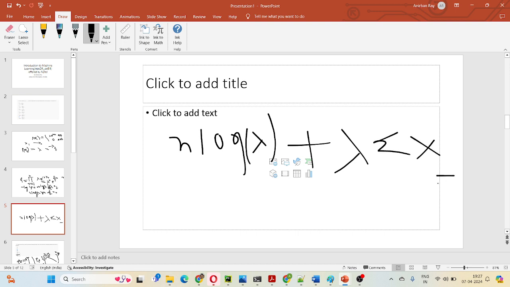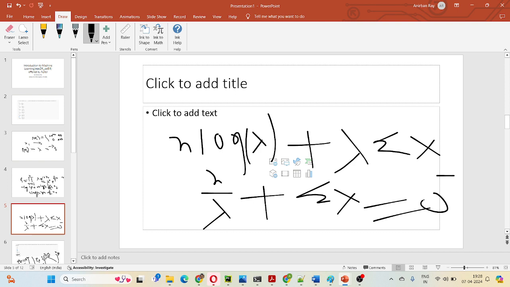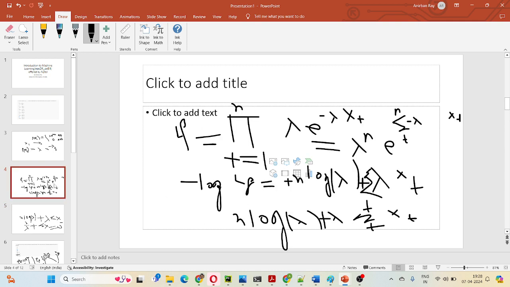Now what you have to do is take the derivative and equate it to 0. n by lambda plus summation of x equals 0. I got one negative sign wrong here.